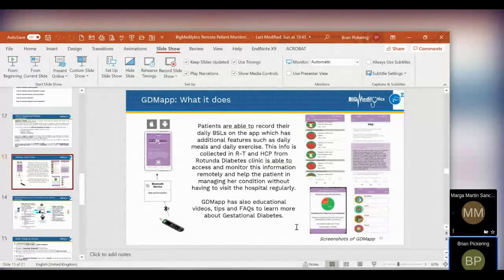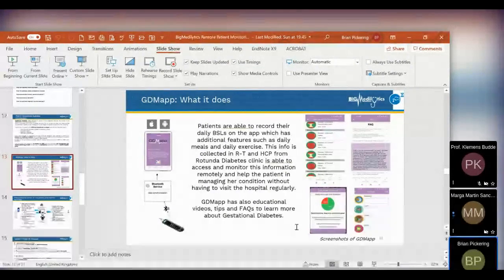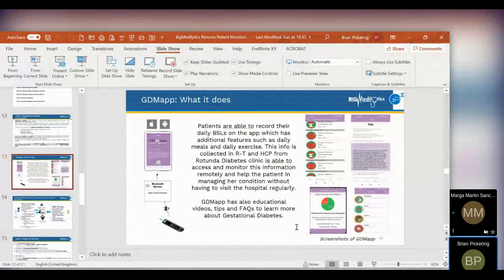So the patient can enter information about any type of meal, and the application is connected to a global public database which provides the calories of this type of meal. It is relevant because, depending on the glucose measurements, the clinician can know whether the patient has been eating, say, a cake or any other non-recommended food.